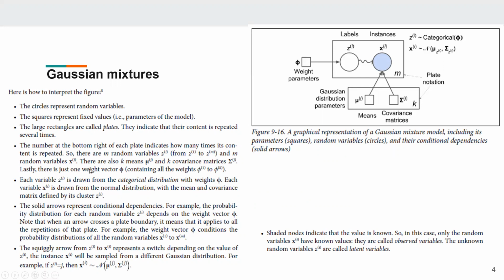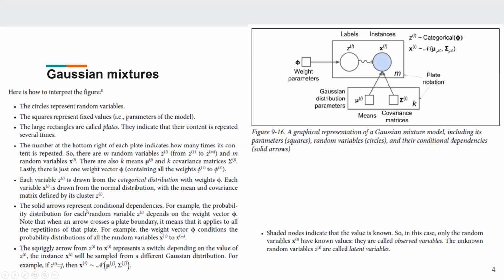Each variable zi is drawn from a categorical distribution of phi, which is the weights. And then each variable xi is drawn from a normal distribution with the mean and covariance matrix defined by its cluster zi. In addition to this, on this chart, we have something else, like the solid arrow and the squiggly arrow.